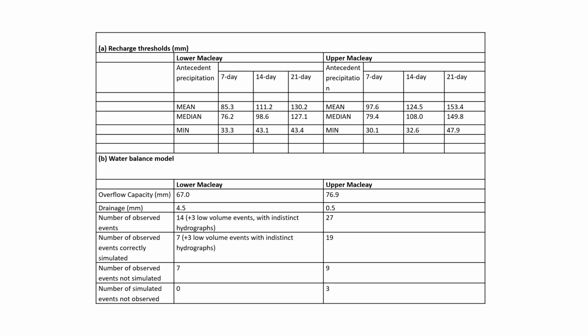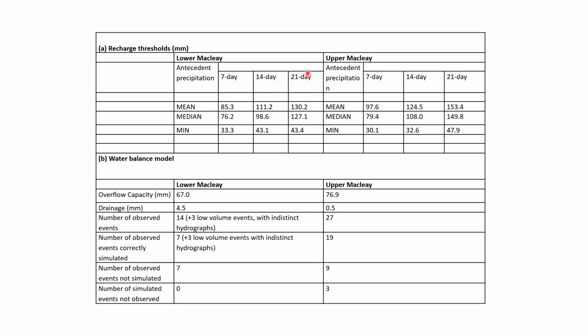For the recharge thresholds, we considered the lower Macleay and the upper Macleay separately, because they have very different vegetation. The upper Macleay is much more subtropical rainforest. The lower Macleay has a slightly more temperate rainforest feel to it. We looked at how much rainfall occurred in the 7 days before the recharge event, the 14 days before, and the 21 days before.